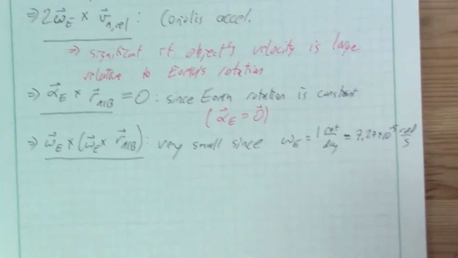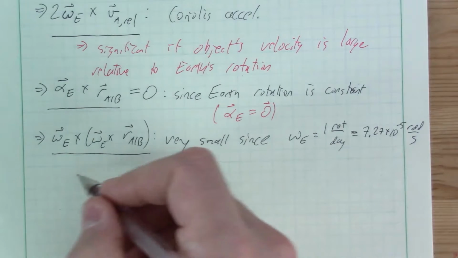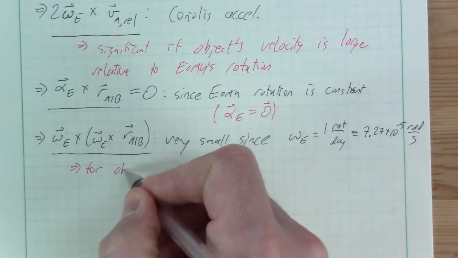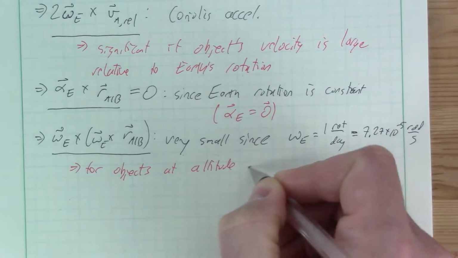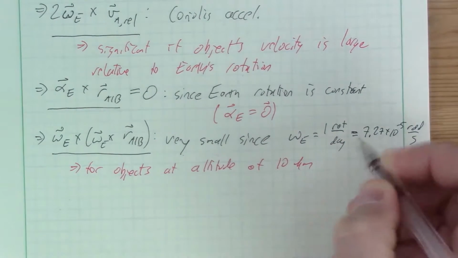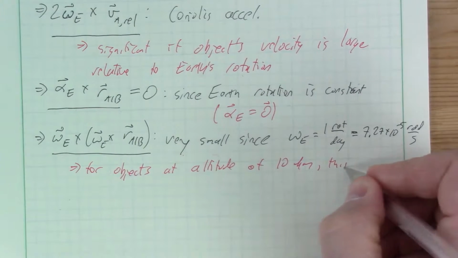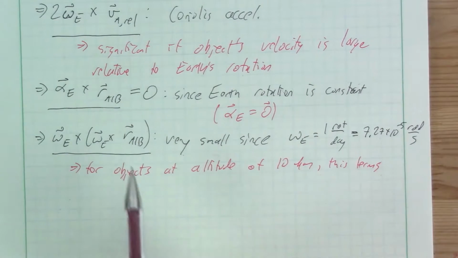And so if you're looking at objects, let's just give a number here. For objects at an altitude of 10 kilometers, this term is also going to be scaled up by how far away it is from the surface of the Earth.